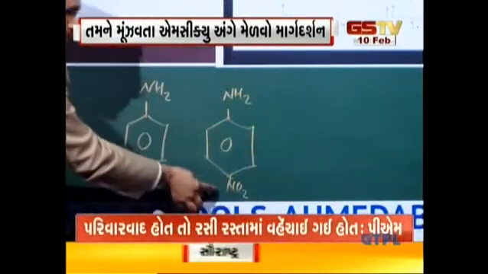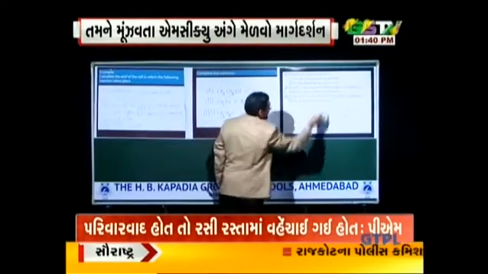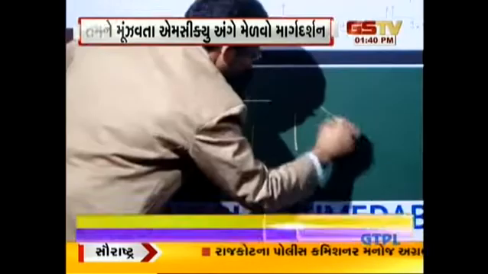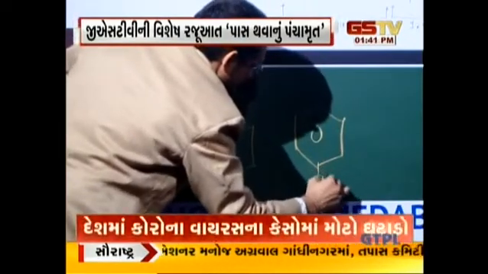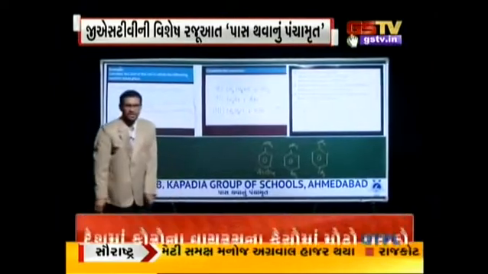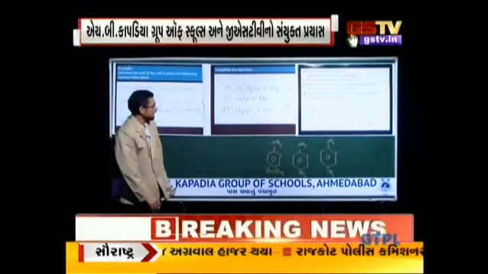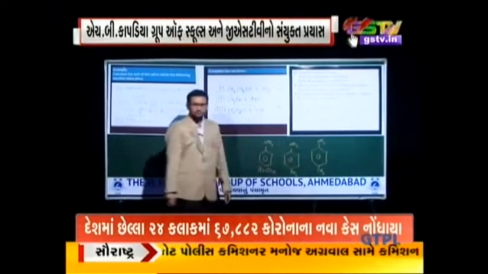This is the para position, nitroaniline. And the third one is para-toluidine. Okay. We have to find the increasing order of basicity.